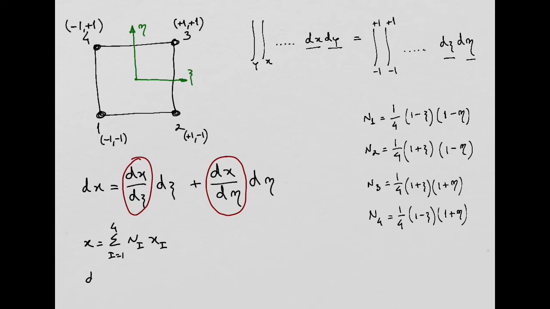So if you are doing now, for example, if you look at dx d eta, this is going to be basically equal to summation of the derivatives of the shape functions in order to eta times x subscript I, right?